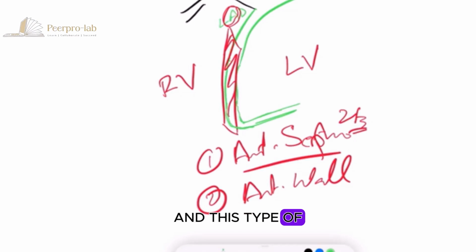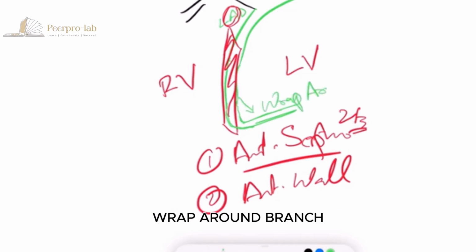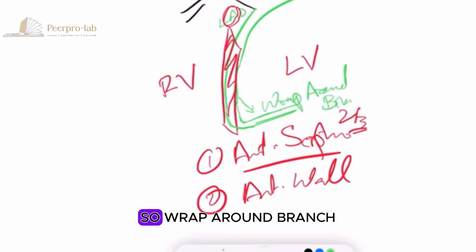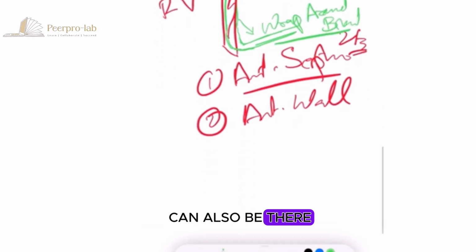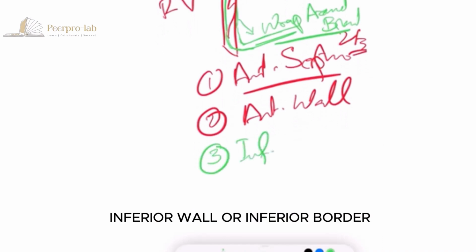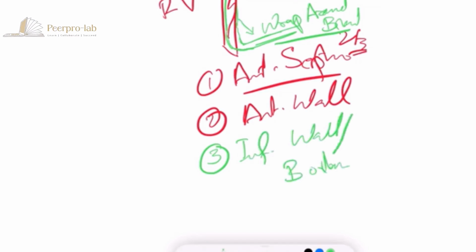And this type of branch of the left coronary artery is called the wraparound branch. So in case of a wraparound branch, it supplies the inferior wall or inferior border of the heart.